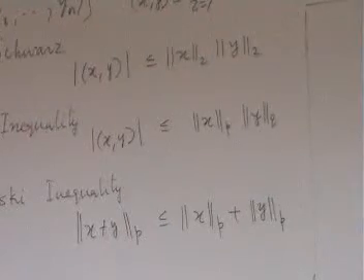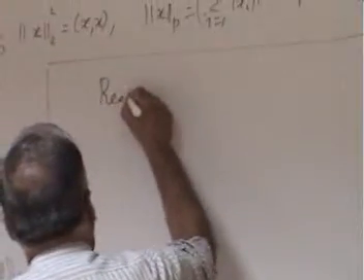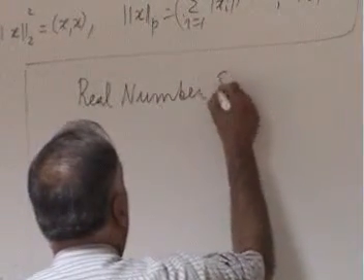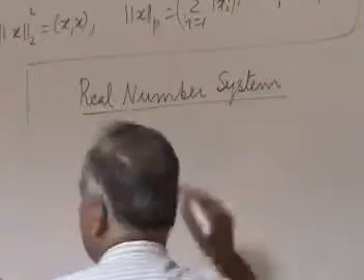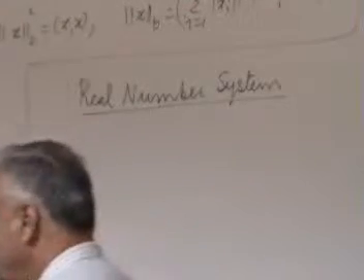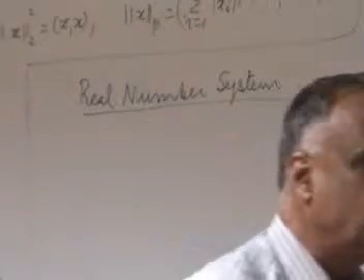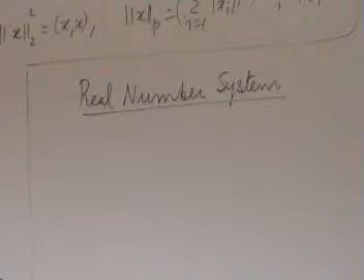Now the first thing that I want to do is, if you look at the real number system, we have already discussed this in the previous set of lectures, but still I will just recollect. The main ingredient that gives the start for all the analysis is the notion of the absolute value of the real number.